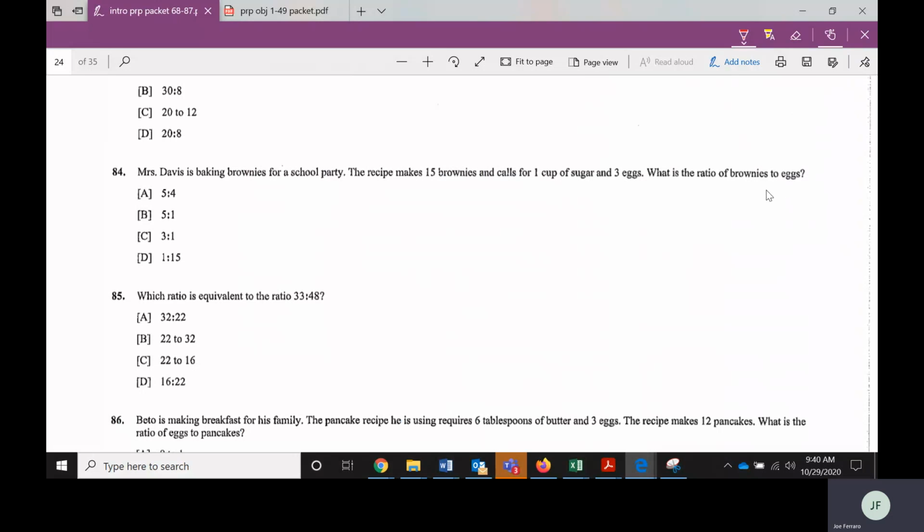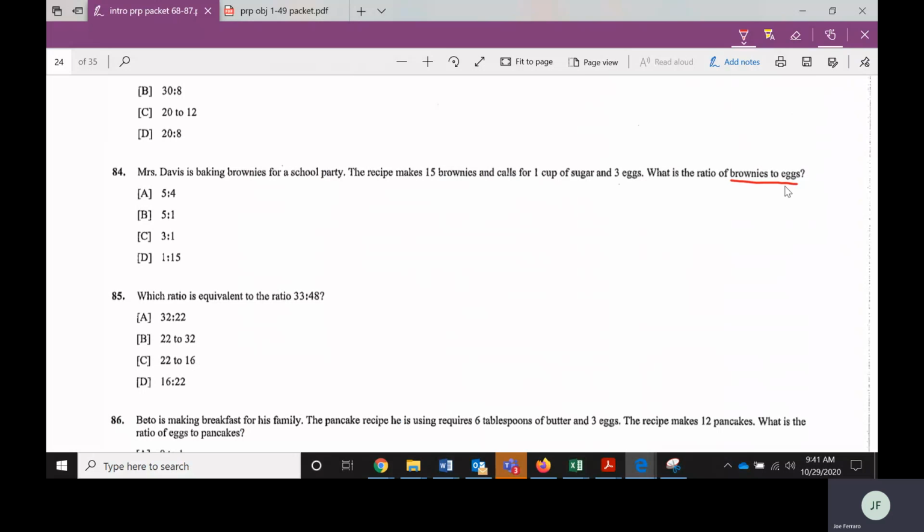So again, you have to look at what information is given to you, but also, more importantly, you have to look at what the question is asking. There might be some values in here that we don't need. The biggest thing is don't just look at the numbers given to you. I mean, notice them, but don't think, okay, I have to use the 15 first, and then the 1, and then the 3, or something like that. It wants the ratio of brownies to eggs.